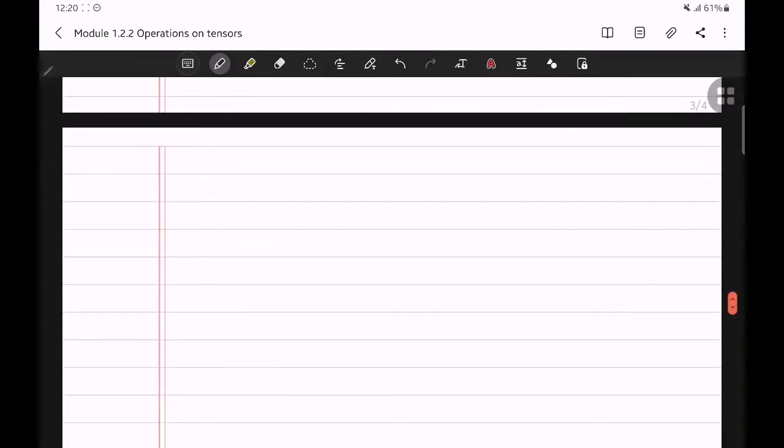Now, we would like to know the trace of, for example, A times B. So we have two tensors and we want to know the trace of their product. Let's suppose that C is equal to AB.